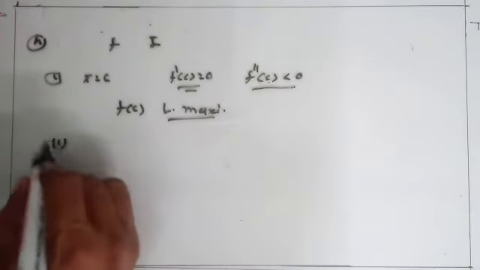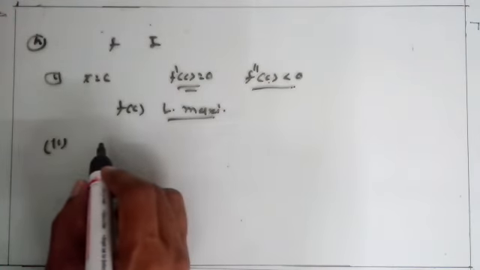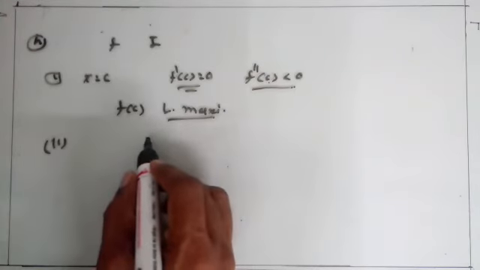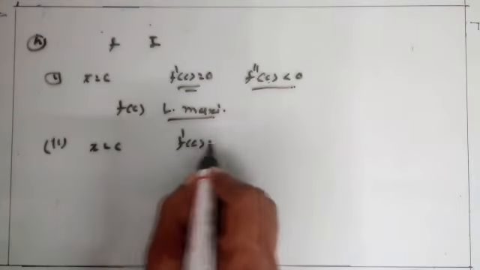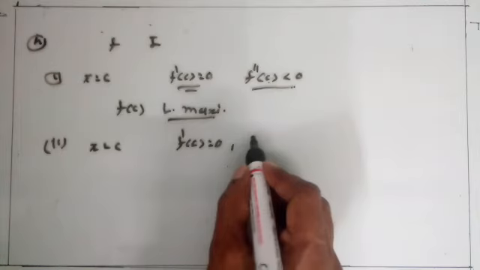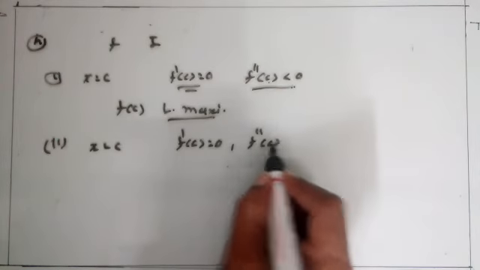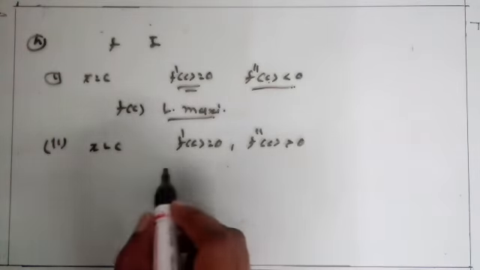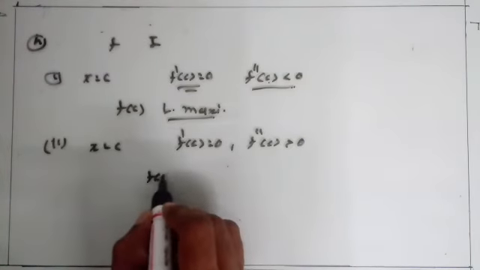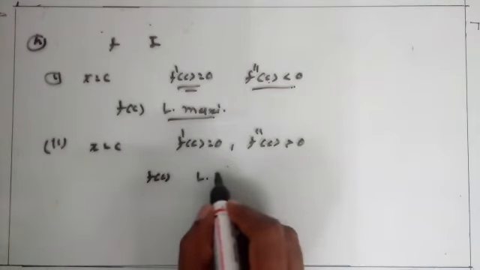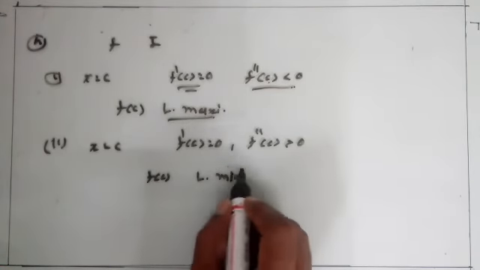And number 2, x is equal to C is a point of local minimum if f dash C equal to 0 and f double dash C greater than 0. In this case, f(c) is called local minimum.